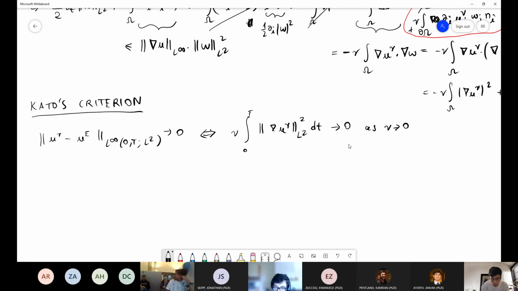And this L2 norm is taken not in the entire domain, and this is the main point of interest, but in this strip gamma c nu. This will be a strip around the boundary of size c nu. All right, so this is gamma c nu.